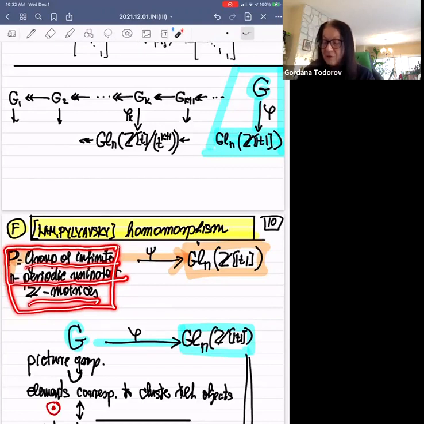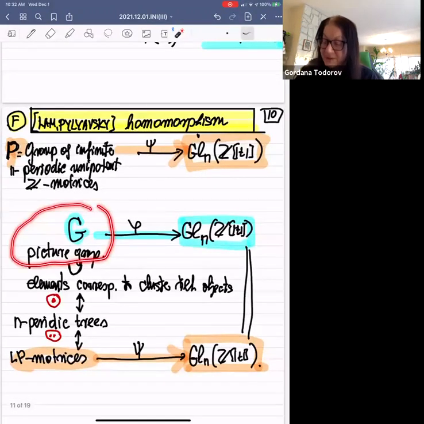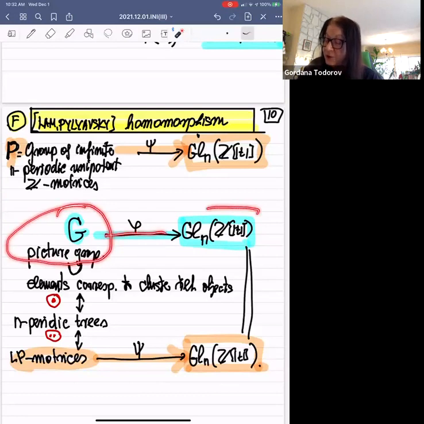And then they have a homomorphism of that group to GLN Z[[T]]. Now we have a homomorphism from our picture group, I mean a pro-picture group, this inverse limit of our groups, to GLN Z. So we have this, and they have this.